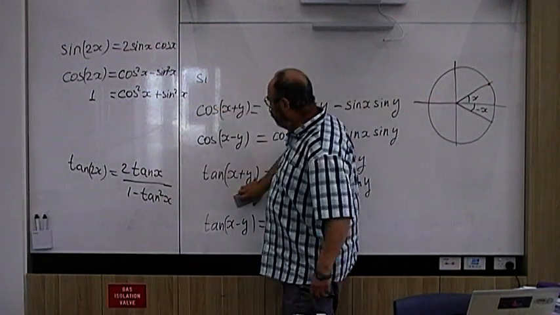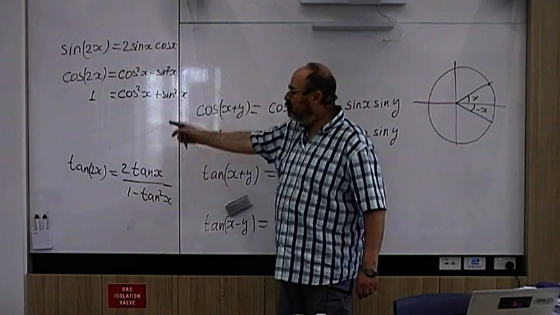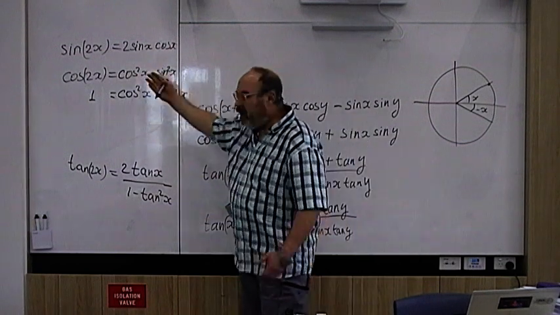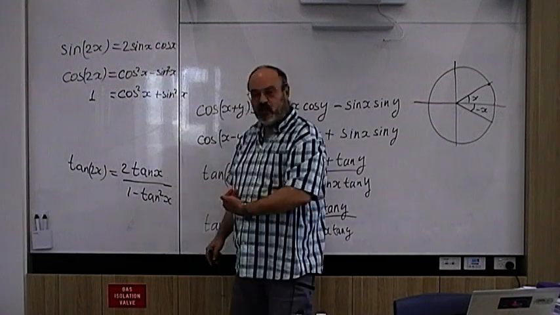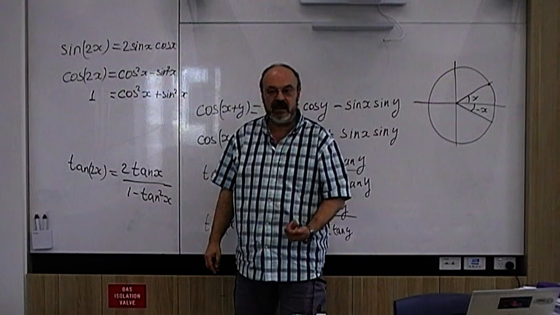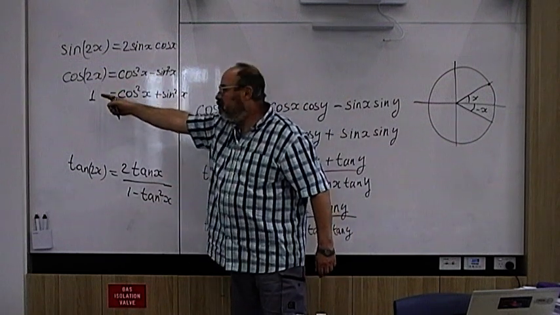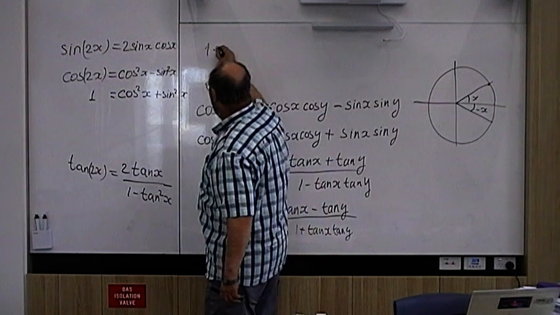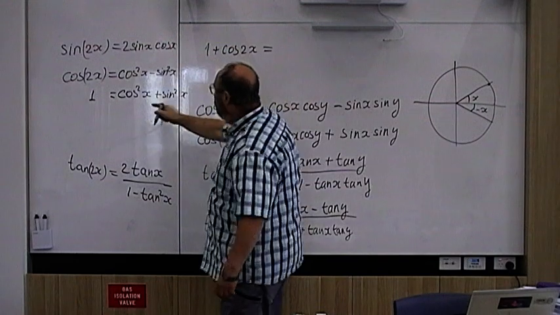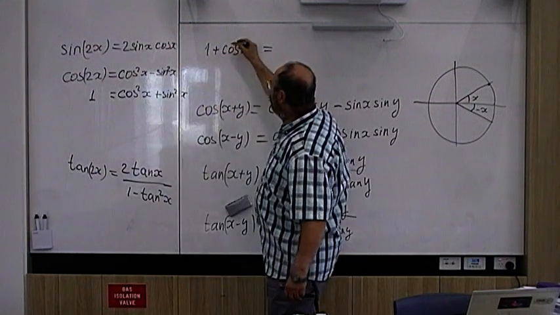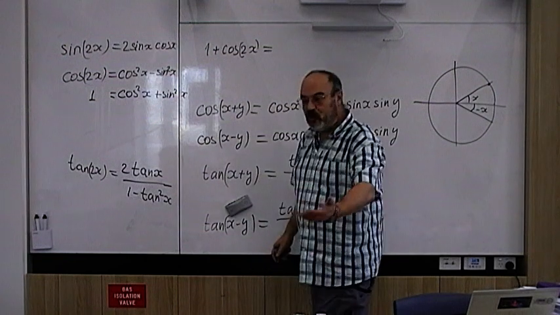What will we get on the left hand side? We add equations, left hand side to left hand side, right hand side to right hand side. So we get 1 plus cos 2x on the left, and 2 cos squared x on the right.